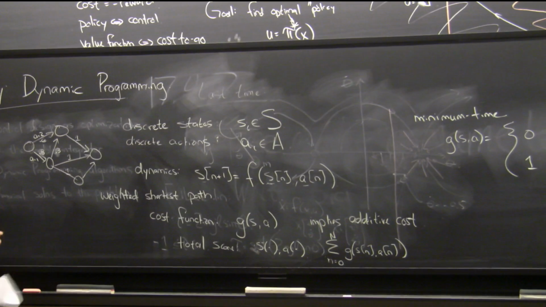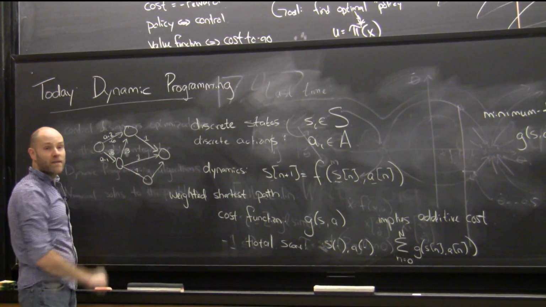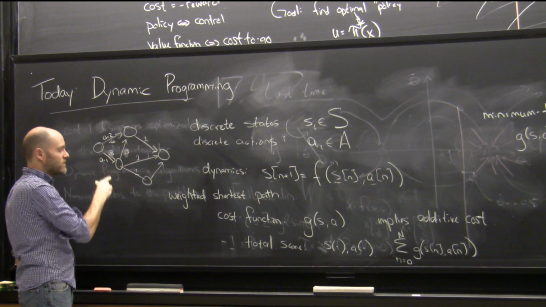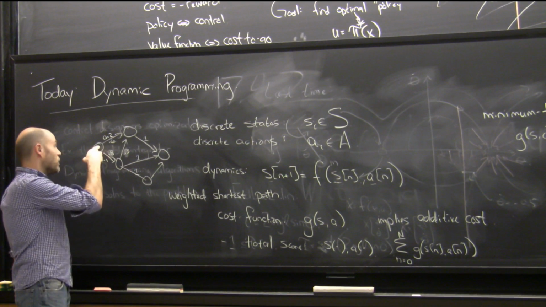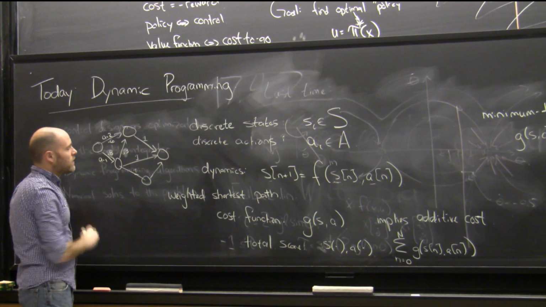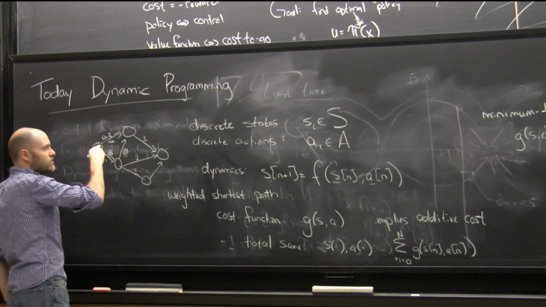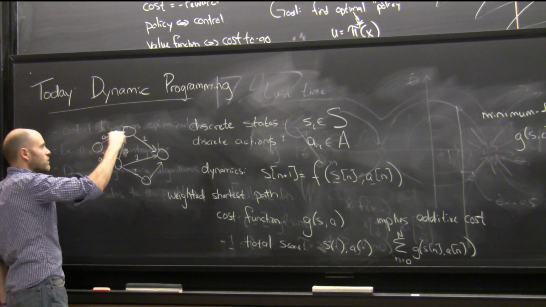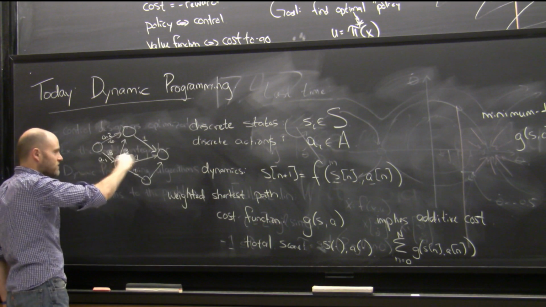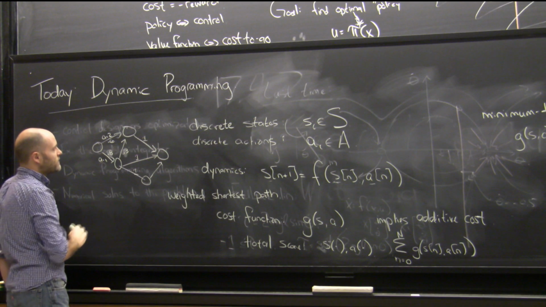Okay, so you can imagine a bunch of different tools for, given this weighted shortest path problem, how do you find the policy that tells me whenever I'm in this state, I should take this branch or this branch, right? If you're just solving it once, there are algorithms that will traverse depth first or breadth first or A star or all these other graph search algorithms you might have encountered.